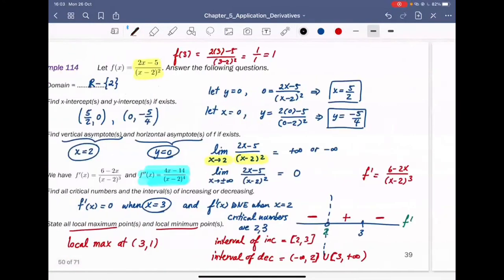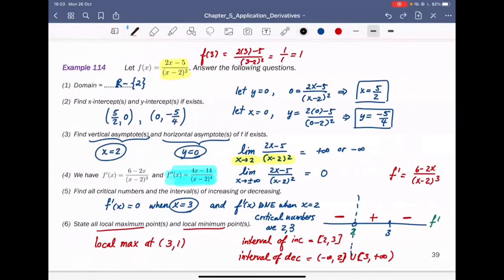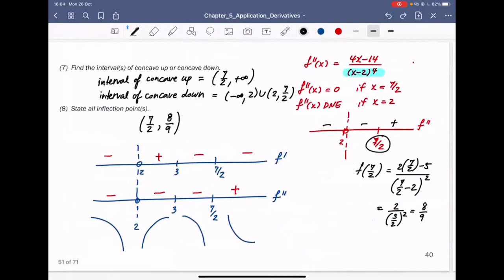Next, what else can I draw? Let's do asymptotes. So for asymptotes, we have x equal to 2 and y equal to 0.